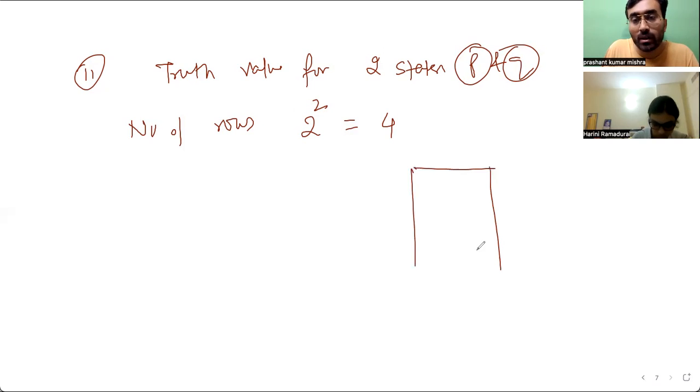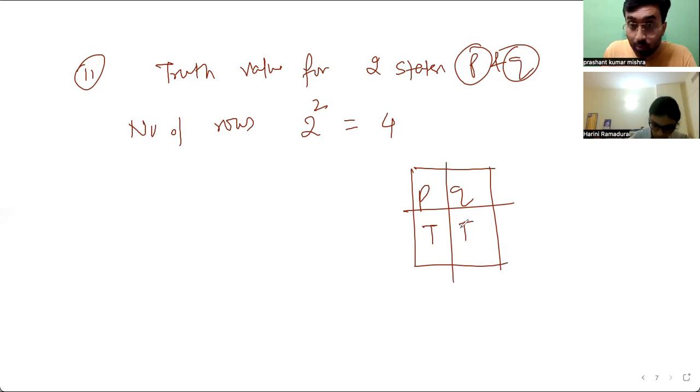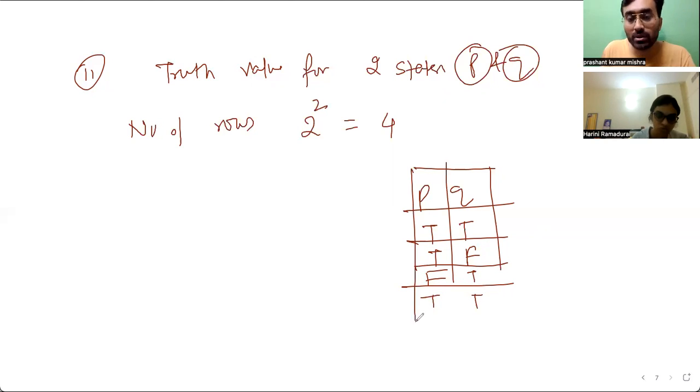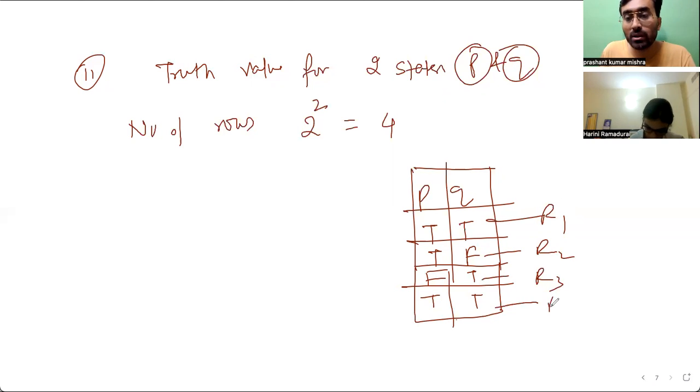You have two statements, P and Q. P and Q can be both true, they can be true, false, they can be false, true, and false, false. So 4 conditions. We're not counting the heading as a row, just the conditions.